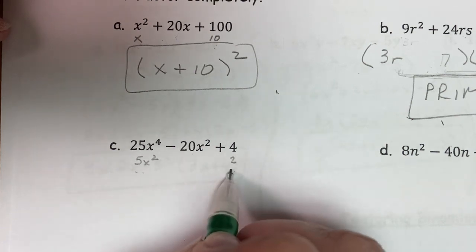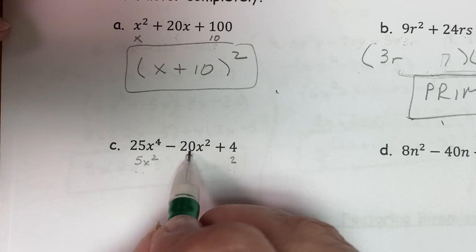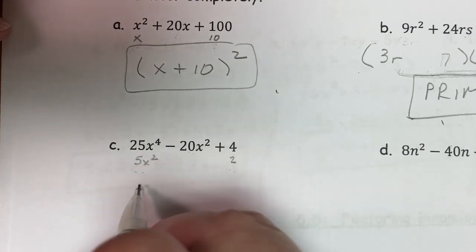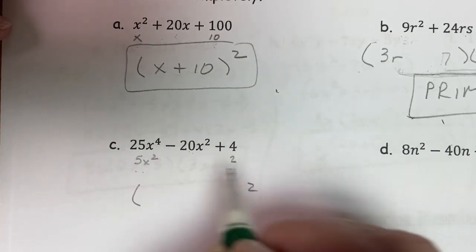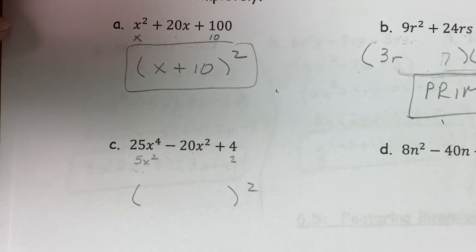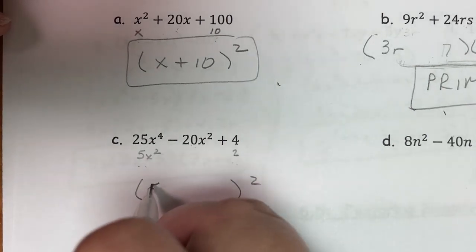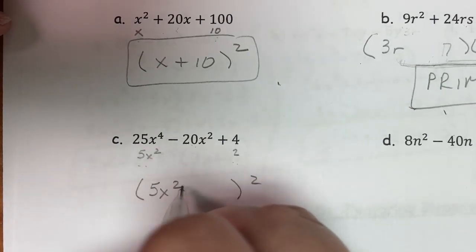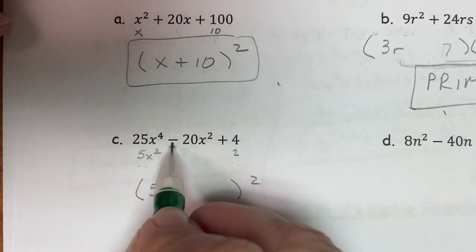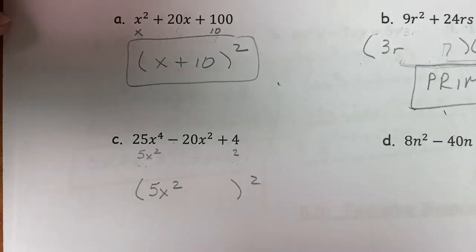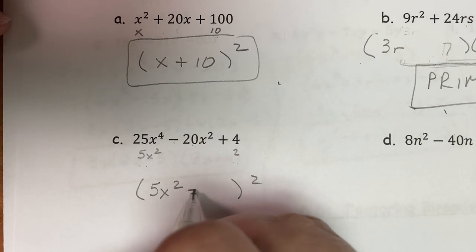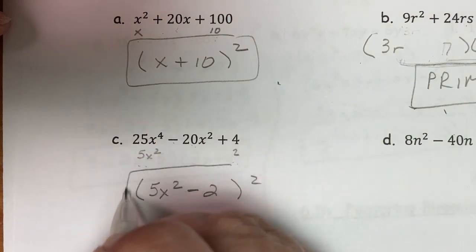Multiplying them, I get 10x squared. Double it, I get negative 20. So absolutely. Now that I have identified it as a perfect square, I can simply factor it into 5x squared. Now, this middle sign is always this sign right here. So it's going to be minus 2 quantity squared.